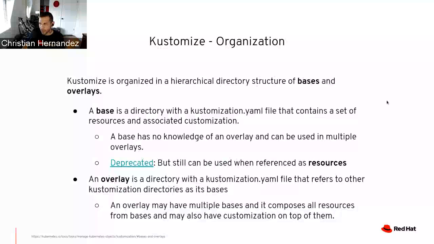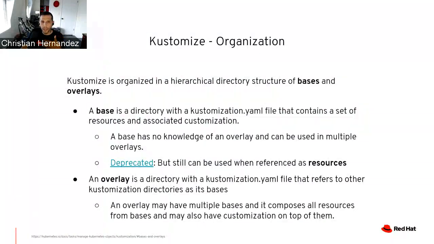Kustomize is arranged in a hierarchical directory structure. This is why, going back to the idea, I like having a single repo, a monorepo, versus many repos. When you're using Kustomize, that actually dictates what your Git repo looks like.